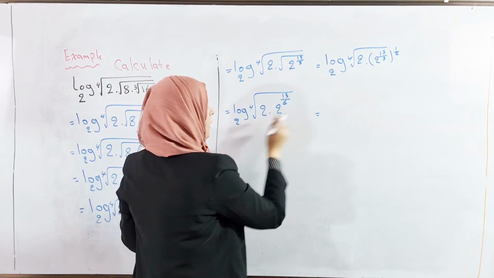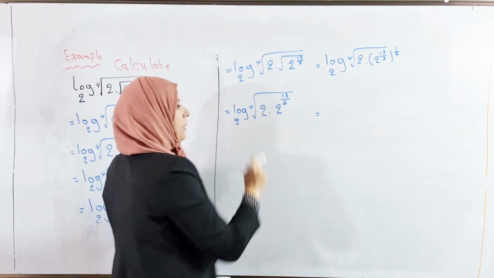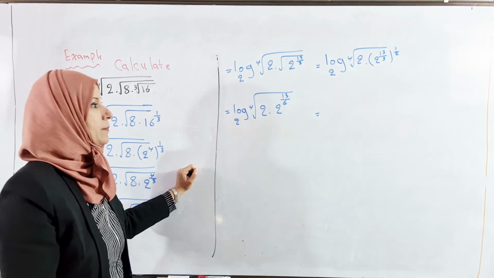Now we have 2 power 1 multiplied by 2 power 13 on 6.